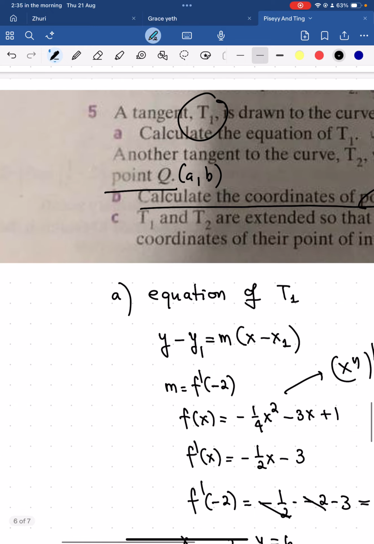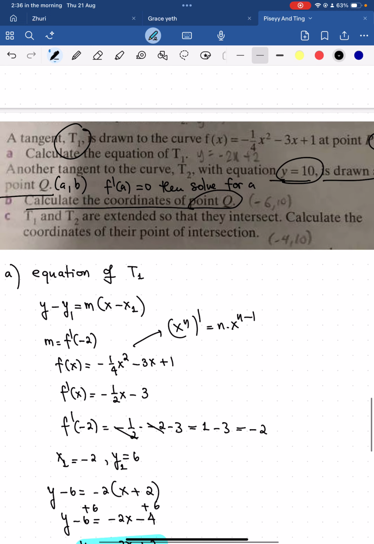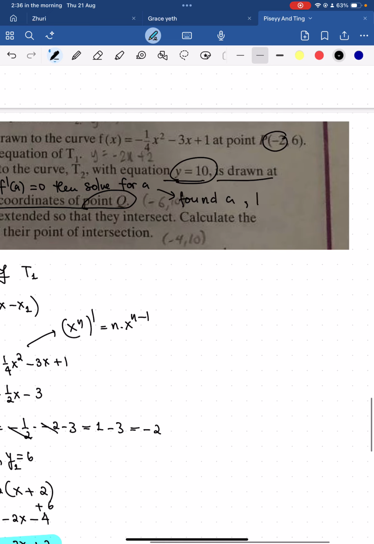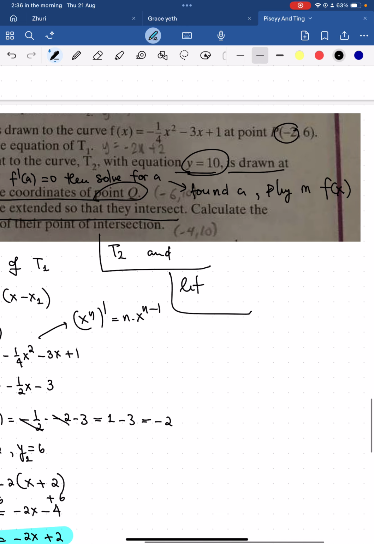So I can just say f prime of a equal to 0 and then solve for a. This is the road map I'm telling you. Then plug a into f of x to find b. Also, with these coordinates, you find the equation of T2, set the equation of T2 equal to T1, and then solve for x and y. That's it.